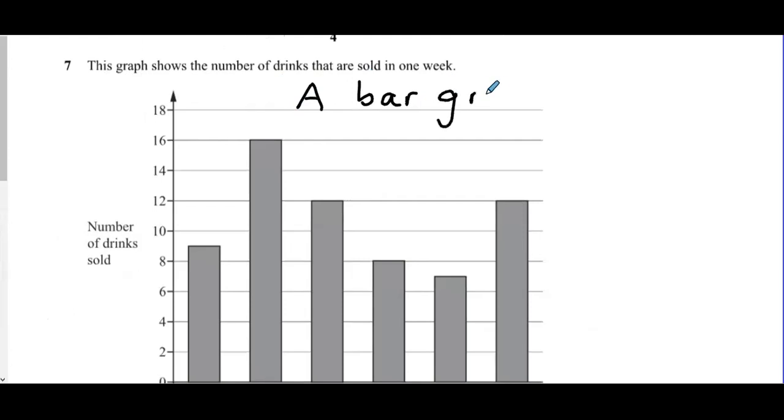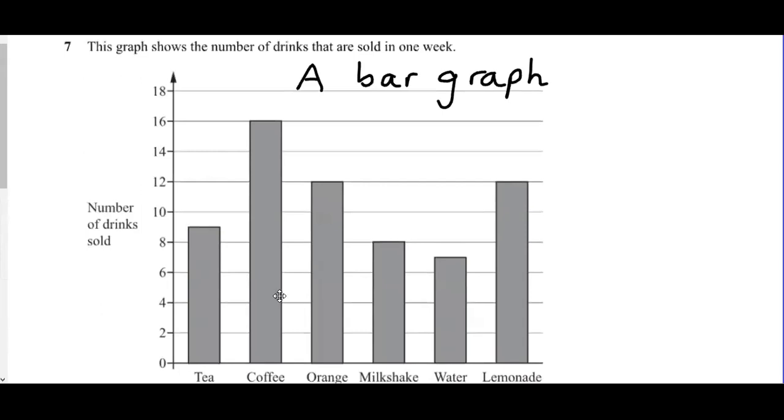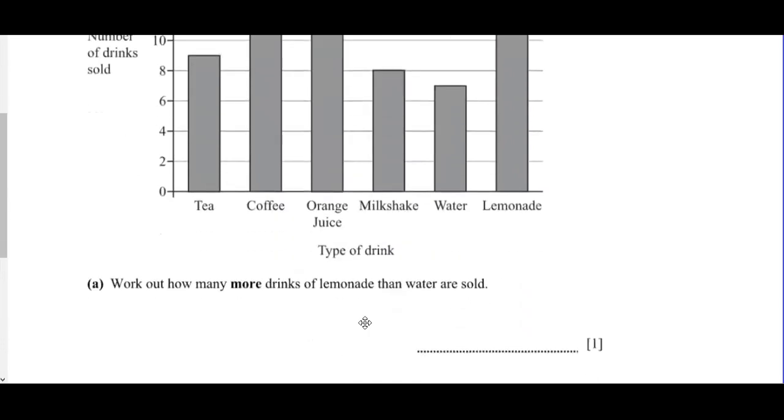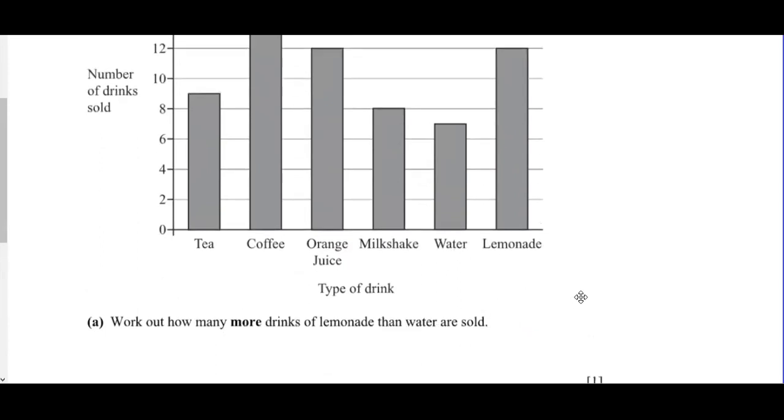A bar graph uses rectangles which have got a space in between corresponding rectangles. So over here, we have a bar graph which shows the number of drinks sold versus the type of drink.